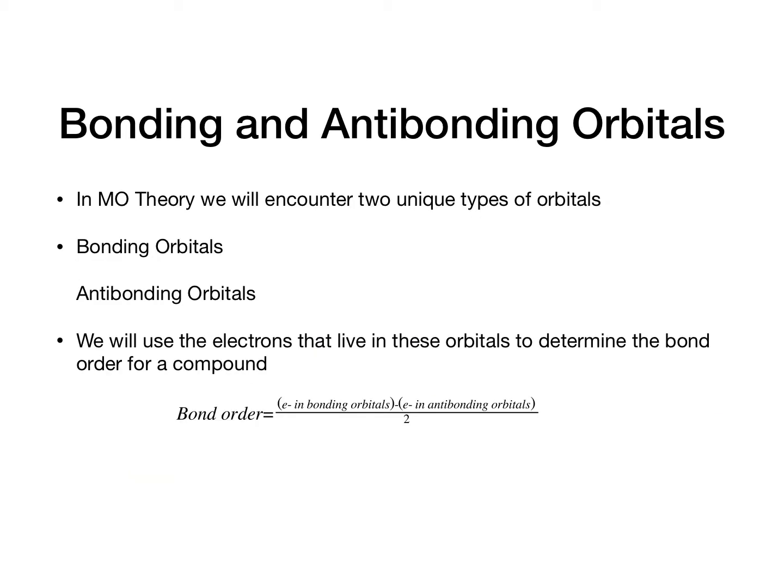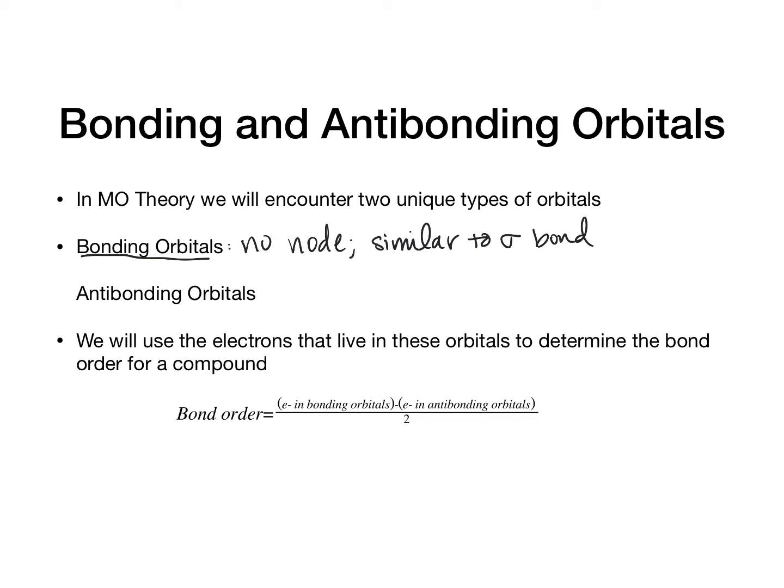In MO theory, we're going to encounter two unique types of orbitals. Bonding orbitals do not have a node, and are similar to a sigma bond.